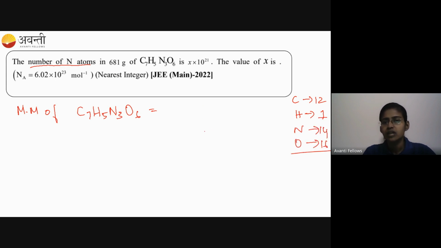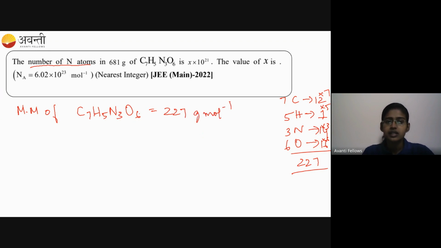Now I have 7 carbon, 5 hydrogen, 3 nitrogen and 6 oxygen. If I multiply by the corresponding number, I will get one answer, right? And that answer is 227 gram per mole. So the molar mass of the given compound is 227 gram per mole.